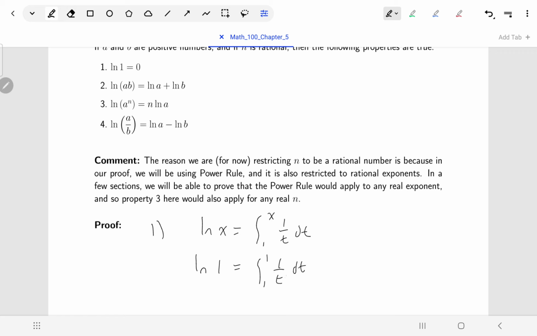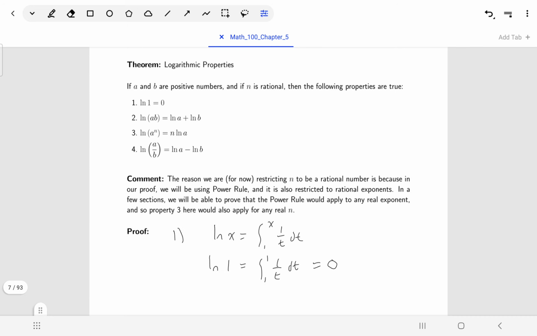And one of the properties for a definite integral, a much earlier property from 4.3, is that a definite integral from a to a is always equal to 0. So we're able to prove that the natural log of 1 is 0, using, again, our definition of the natural log as a definite integral.